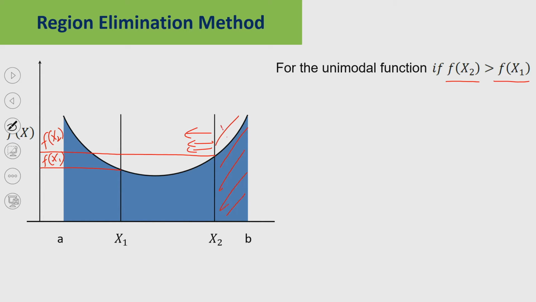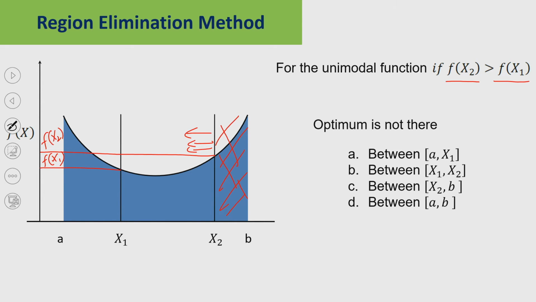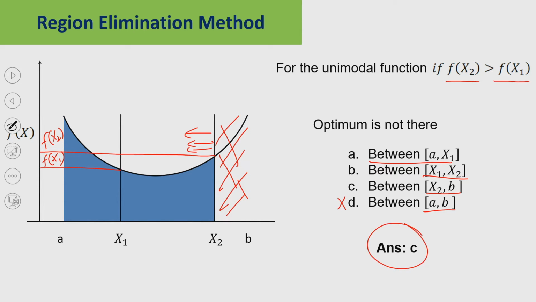So, if I give you the same options, the last one is anyway not correct. Out of the remaining 3, the solution is c: optima is not there between x2 and b, in this region.